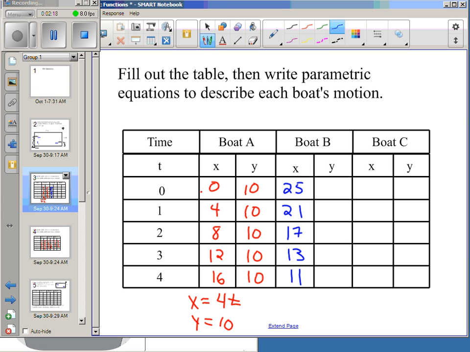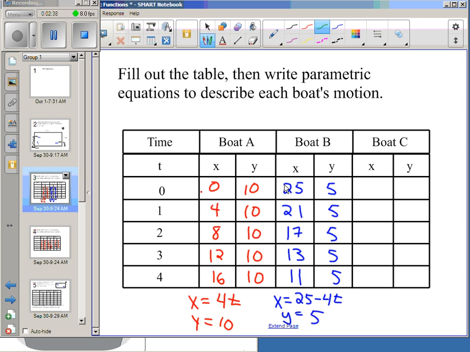Its x-coordinate has a y-intercept of 25, and then we are decreasing 4 feet per second. Now its y value is constantly 5 feet high, so I can write y equals 5.